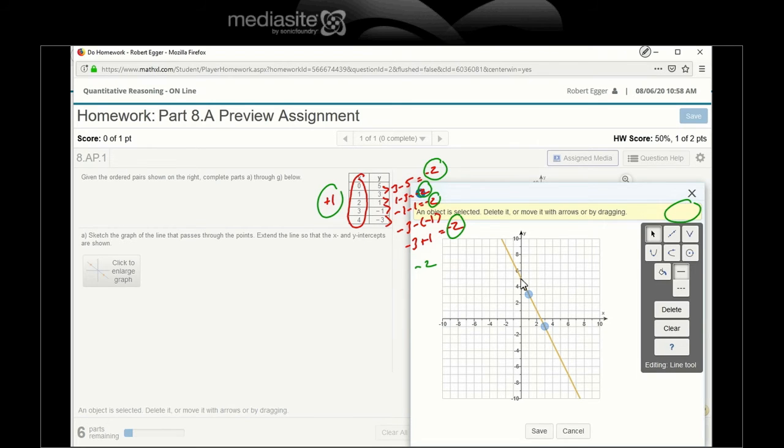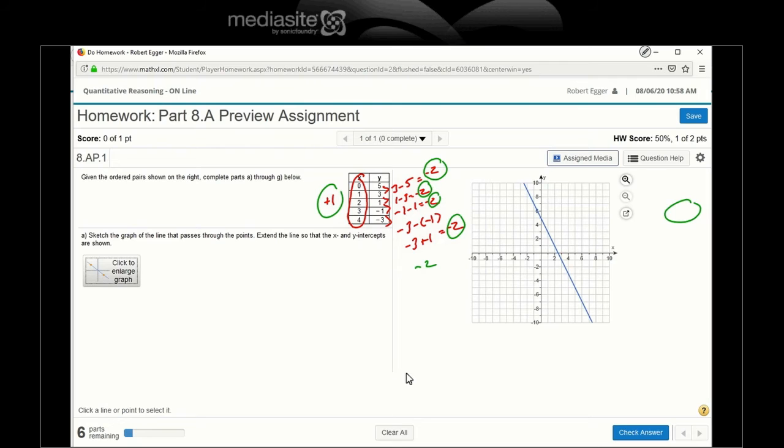X is 0, y is 5, and when x is 4, y is minus 3. So you don't have to always use the 2 extreme ones, although the further out you have the points spaced for plotting, usually the easier it is to plot.